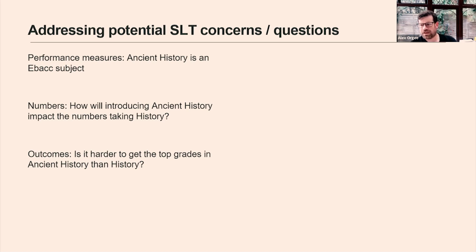I think that's quite useful information that you can potentially use to make the case that ancient history will not only increase the total number of students studying a history qualification, but won't necessarily have an impact on those entering for geography. It seems to be drawing students who would not otherwise consider a history qualification to take ancient history.